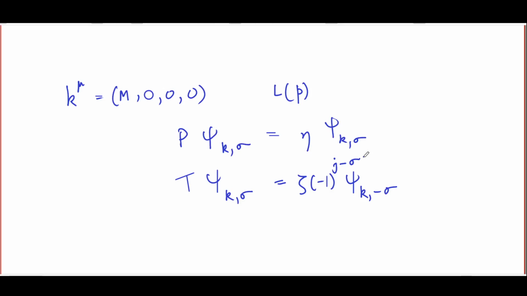We then went on to talk about psi p sigma, which was the momentum eigenstate for arbitrary momentum, which, remember, apart from a normalization factor, was basically U of L of p acting on psi k sigma.